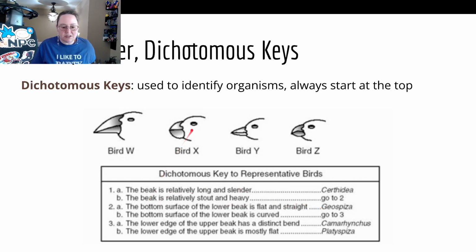No, it's curved. Go to 3. The lower edge of the upper beak has a distinct bend? Now that looks pretty straight. The lower edge of the upper beak is mostly flat. There you go. Platyspiza.